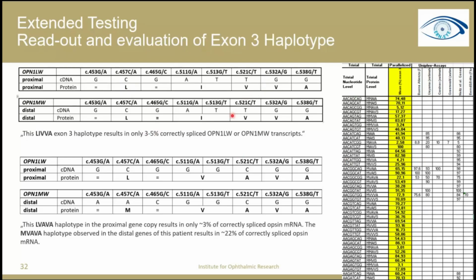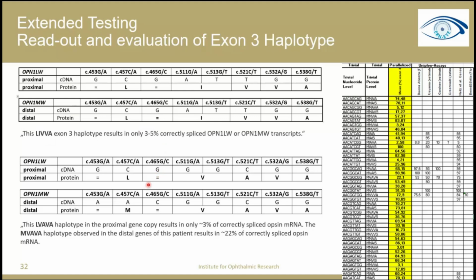And then from the functional data that has been gathered within the research community, we conclude that this very haplotype goes along with, in this case, for example, the LIVVA haplotype. This very one results in 3 to 5% of correctly spliced transcripts, and this is considered deleterious.